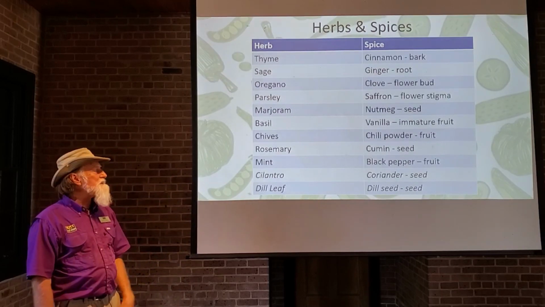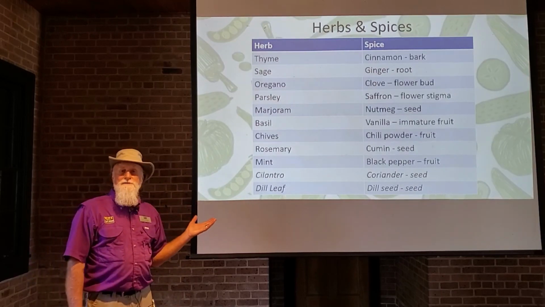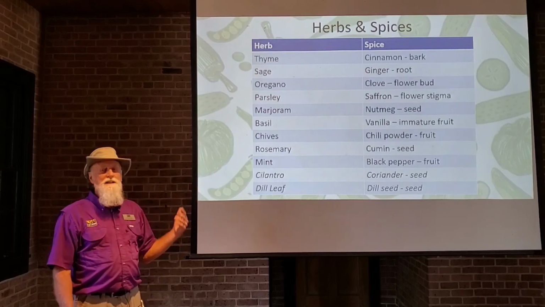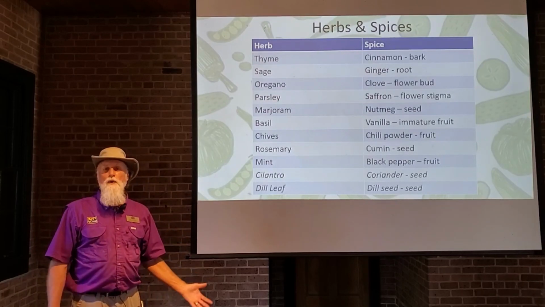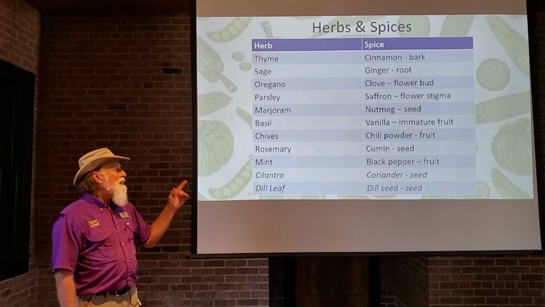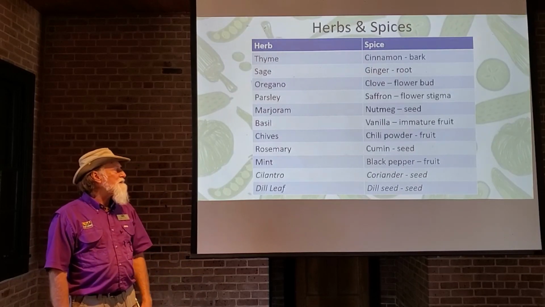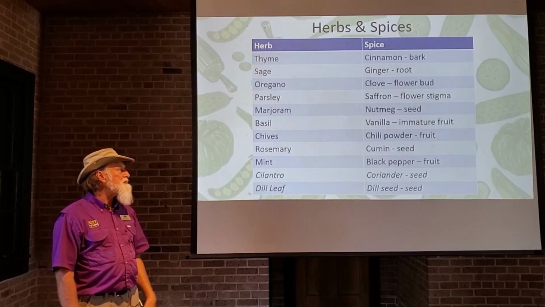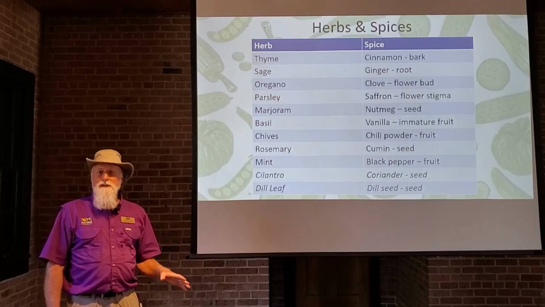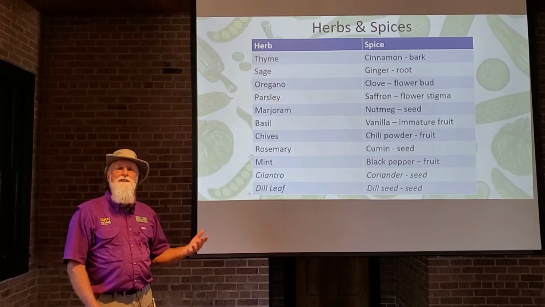Nutmeg, again, that's a seed. Vanilla, it is a spice, and it's the immature fruit of a vining orchid. Chili powder, that's the fruit. Cumin, those are seeds. Black pepper, again, that's the fruit that we're using, and it's a spice.